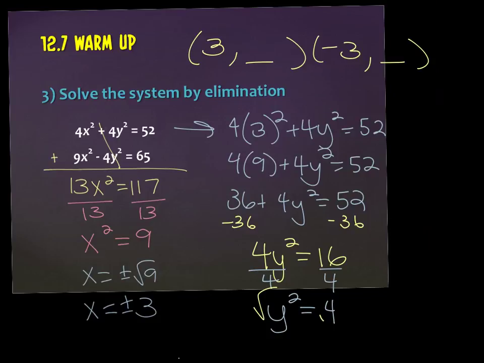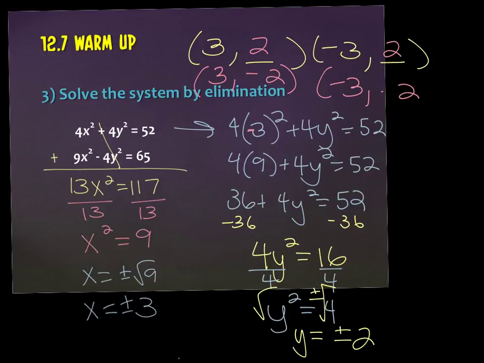And square root. So that tells me for each x being 3, I get 2 y's. So 3, 2, and 3, negative 2. And if I had made this 3 negative from the beginning, would it have changed anything? Same exact set. So I also know that if it's negative 3, it's 2, and it's negative 2.